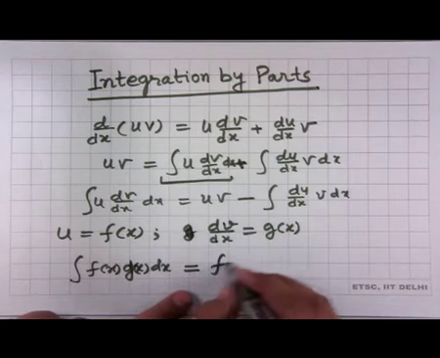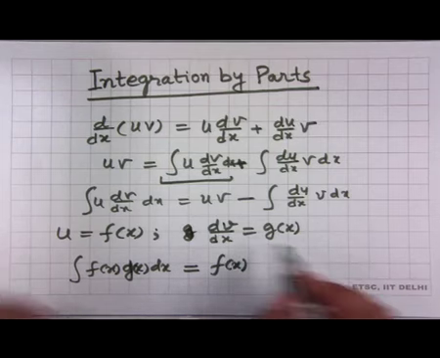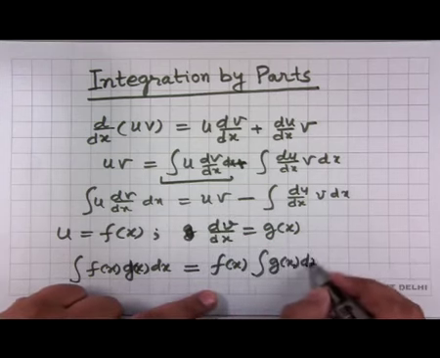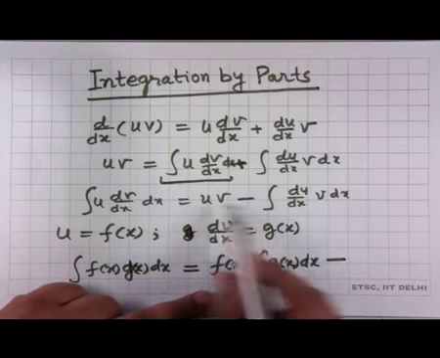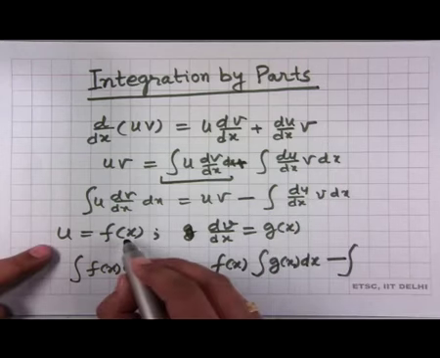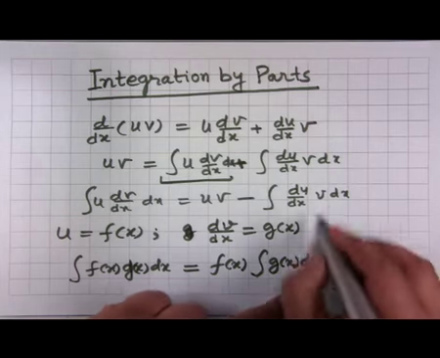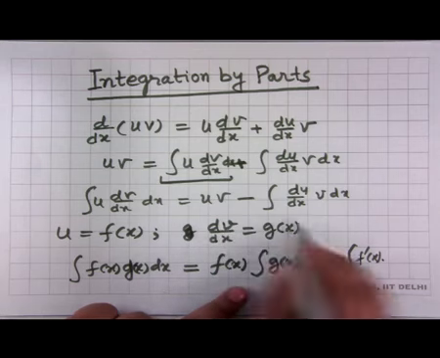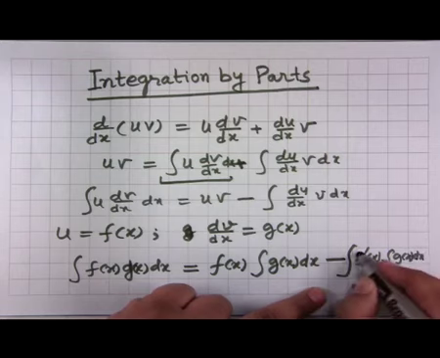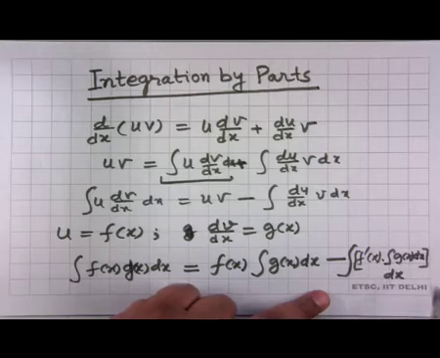So, u is f(x), dv over dx equals g(x). Therefore, v will be integral of g(x) dx, minus integral of du over dx. Since u equals f(x), du over dx will be f prime(x), times v, which is again integral of g(x) dx, put a close bracket and then the entire integral.